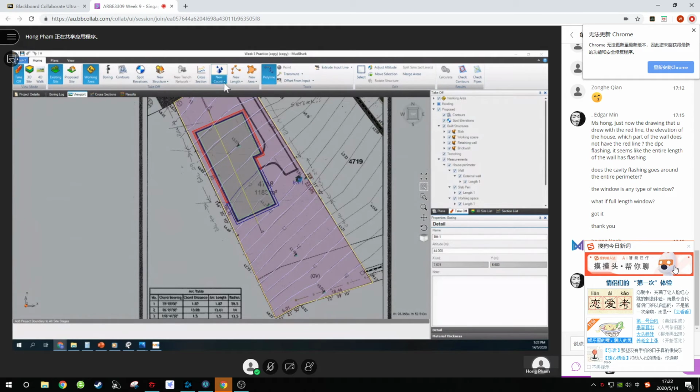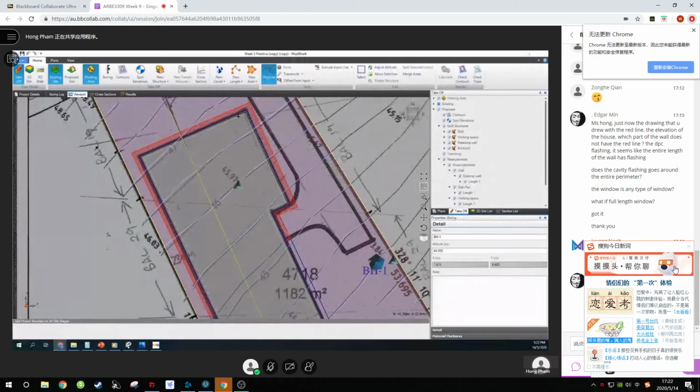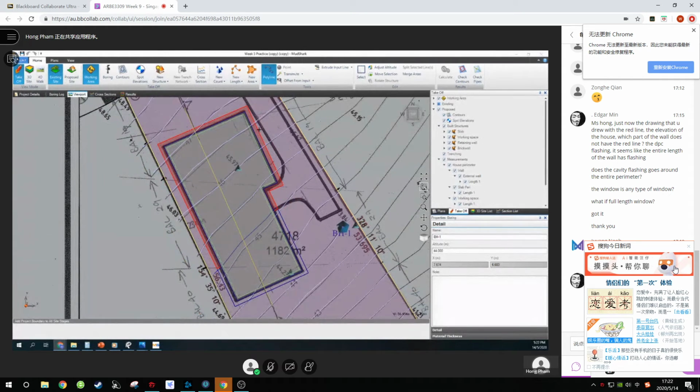I draw a length, so I can demarcate the wall and the slab and also the working space. And I use the offset function, so I can have a very neat line that is exactly 600 mm width. So I can have a very accurate length, accurate width. So I draw a length, I draw areas, I use offset here.